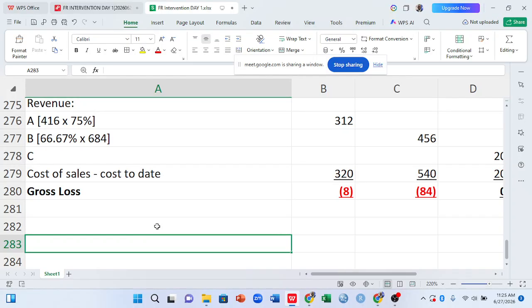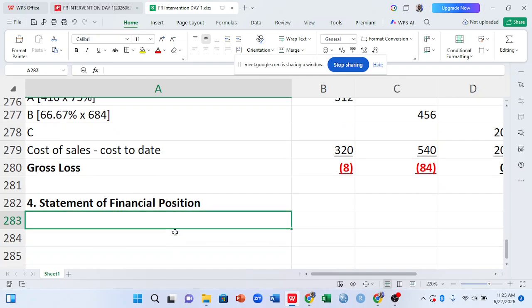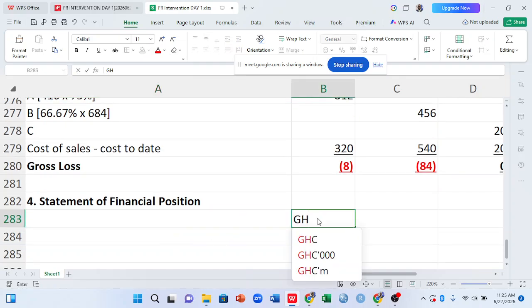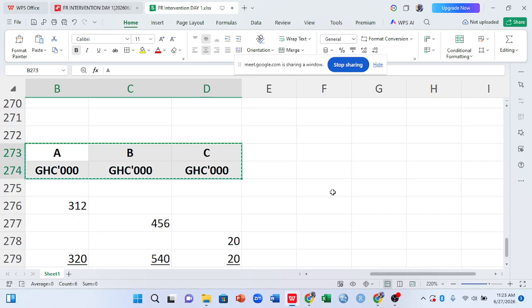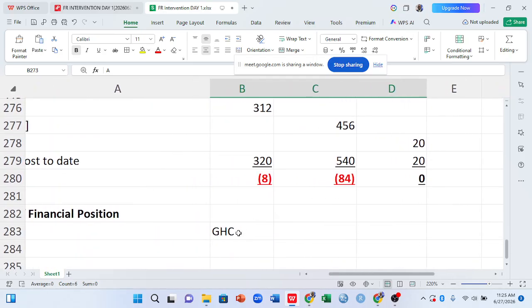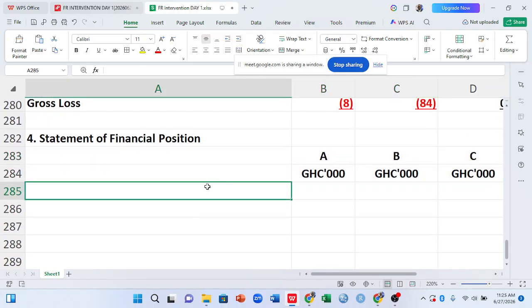Then go to the last approach, which is the statement of financial position. You're supposed to account for contract asset or liability. You do it for each as well. How do you get contract asset or liability?